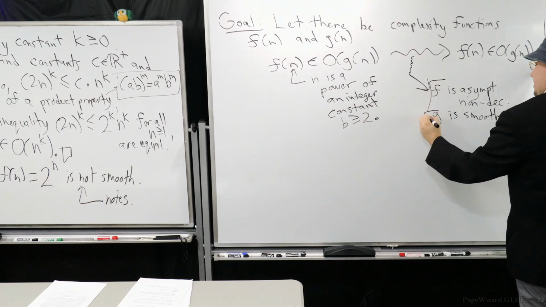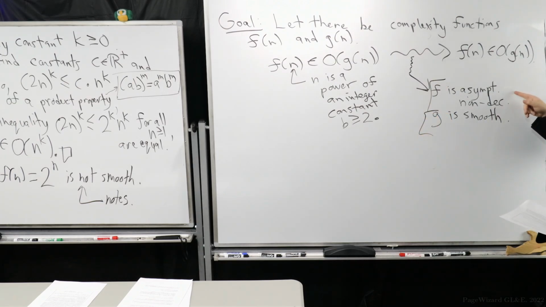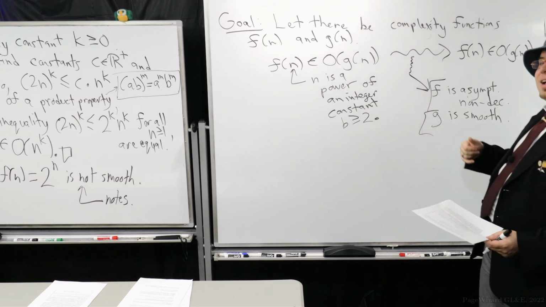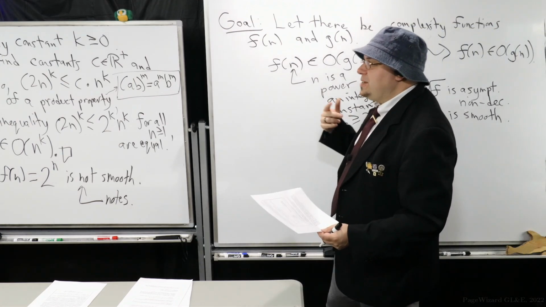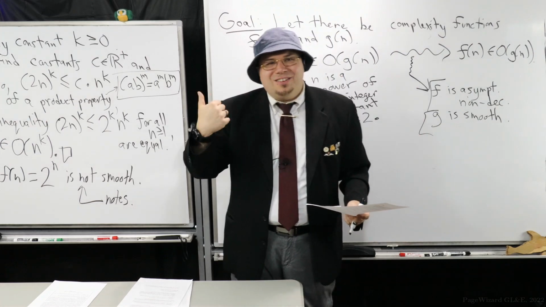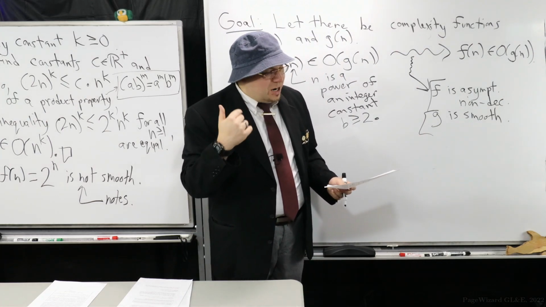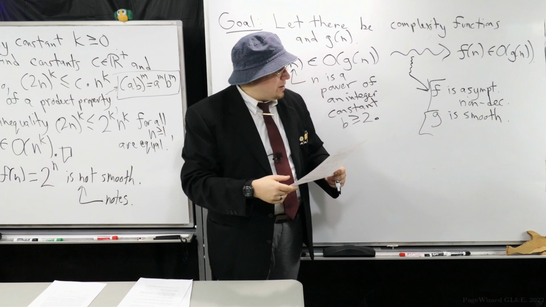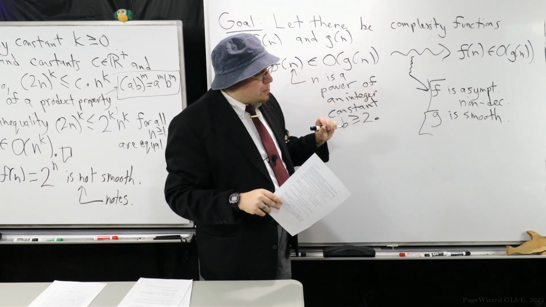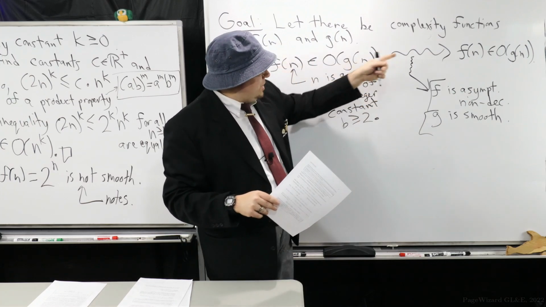Remember, g being smooth means it's asymptotically non-decreasing, and as we've seen before, that g of 2n is big O of g of n. If we have these two properties, then we can go from here to there.